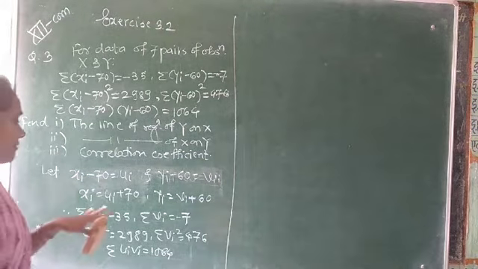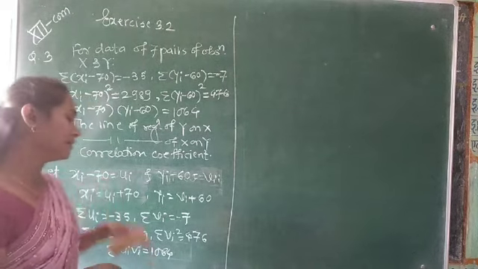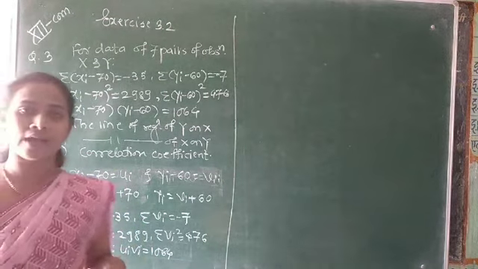So this is our information which is in the form of variables x and y. Now we reduce this in the form of ui and vi.